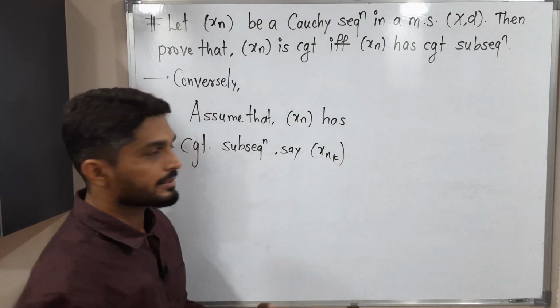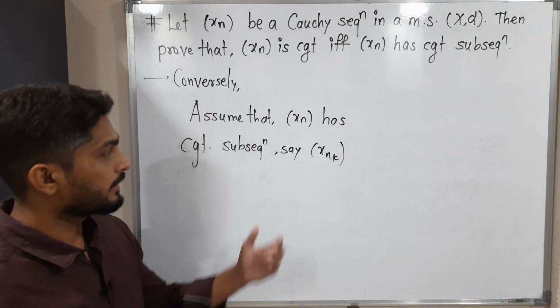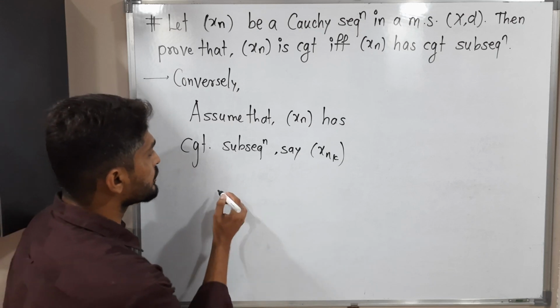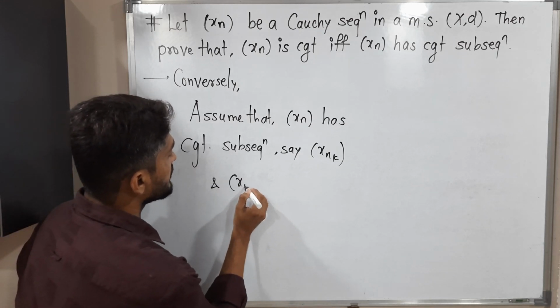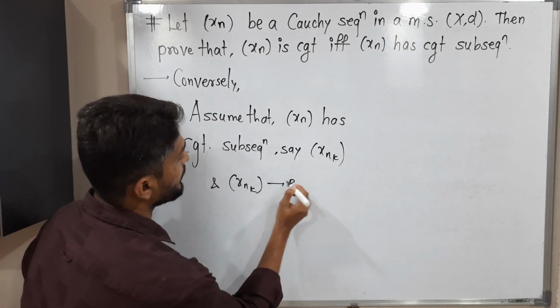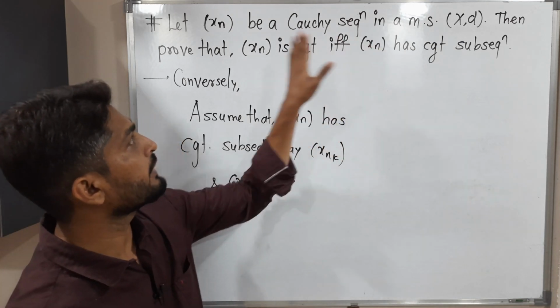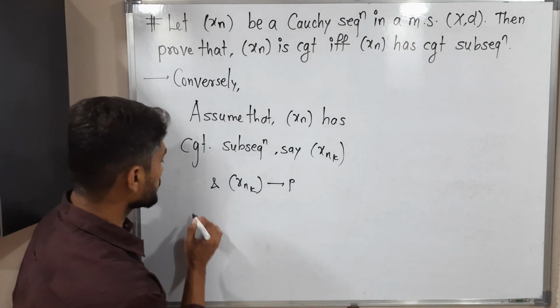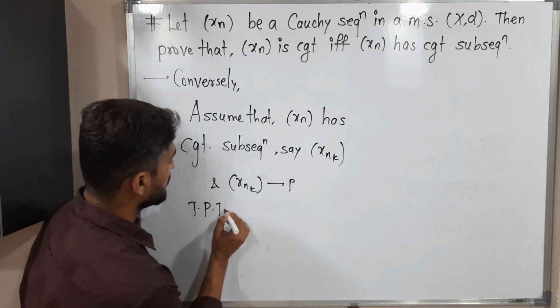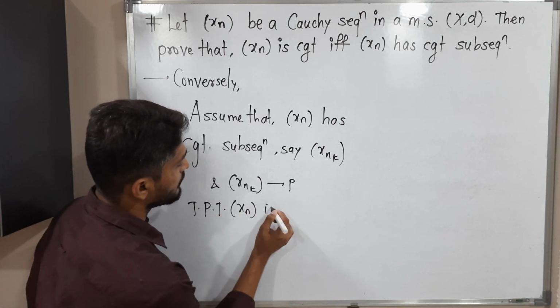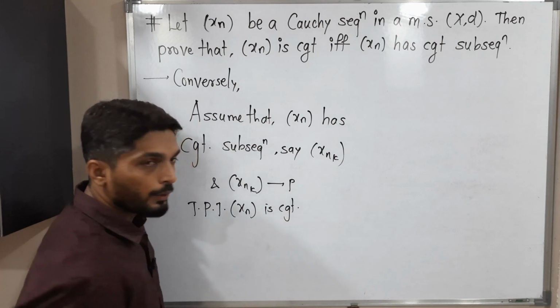So, now we have x_n has a convergent subsequence and I am calling it as x_{n_k}, and it converges to some point p. So, this is a given thing, that means this part we have assumed, and we have to prove x_n is convergent.